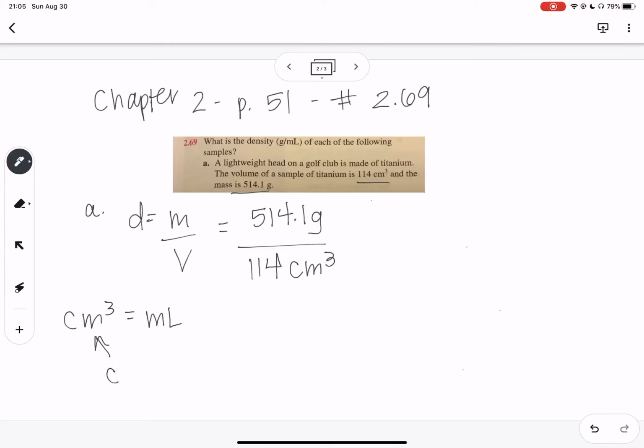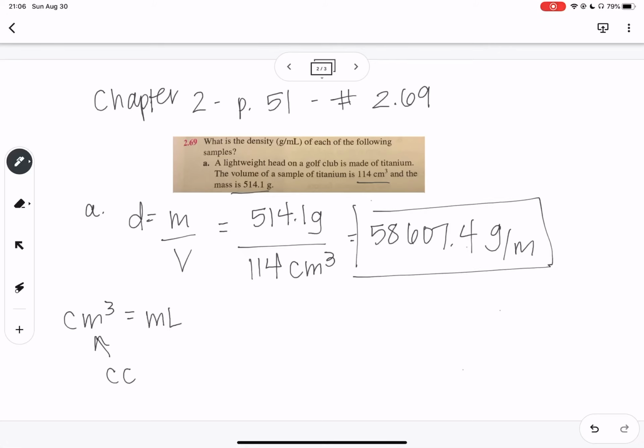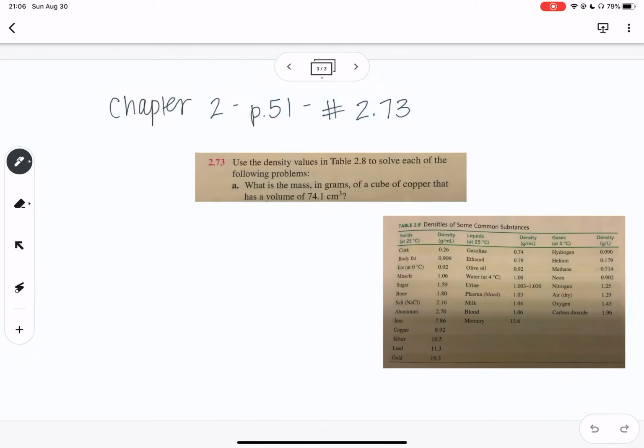So all I have to do now is type that into my calculator, 514.1 divided by 114, and I get a big number, 58,607.4 grams per milliliter, and that's the density of this sample of titanium.